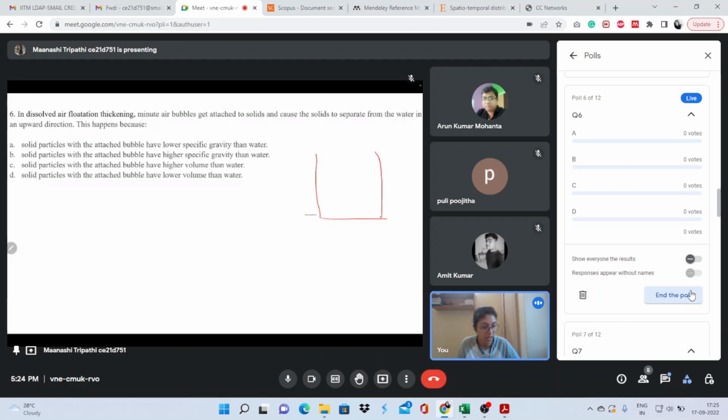We are providing air, so particles will rise with gas. So why do they rise? It depends upon the specific gravity or volume of water. First of all, this you need to decide. It depends upon the specific gravity or the volume.